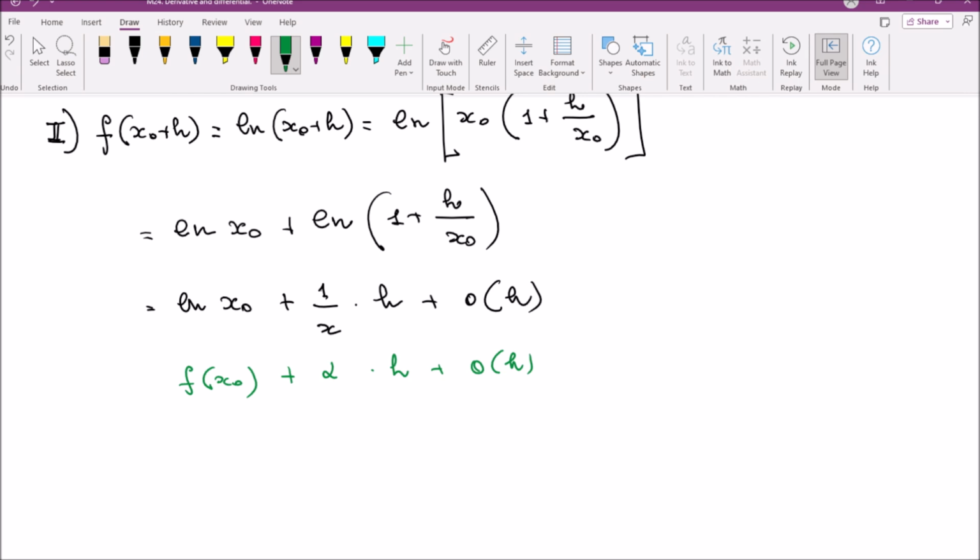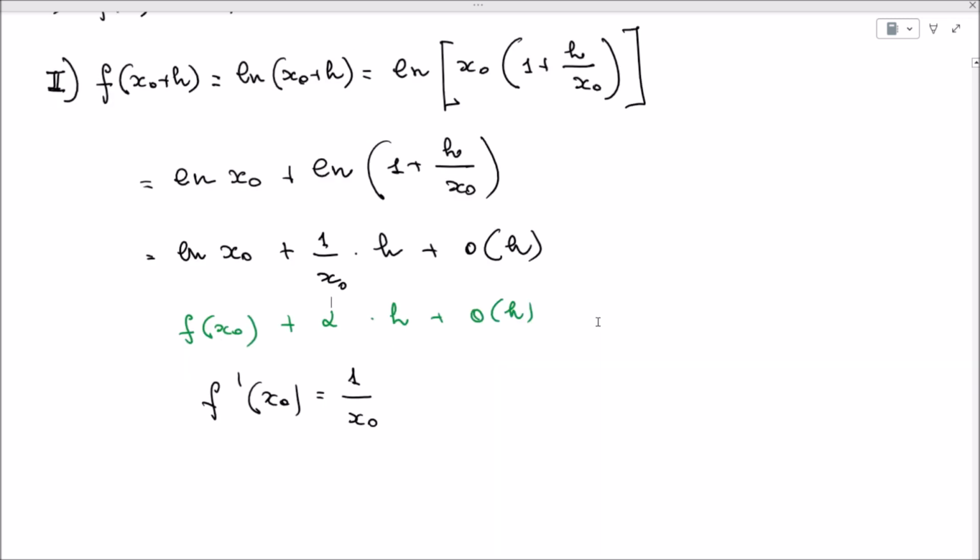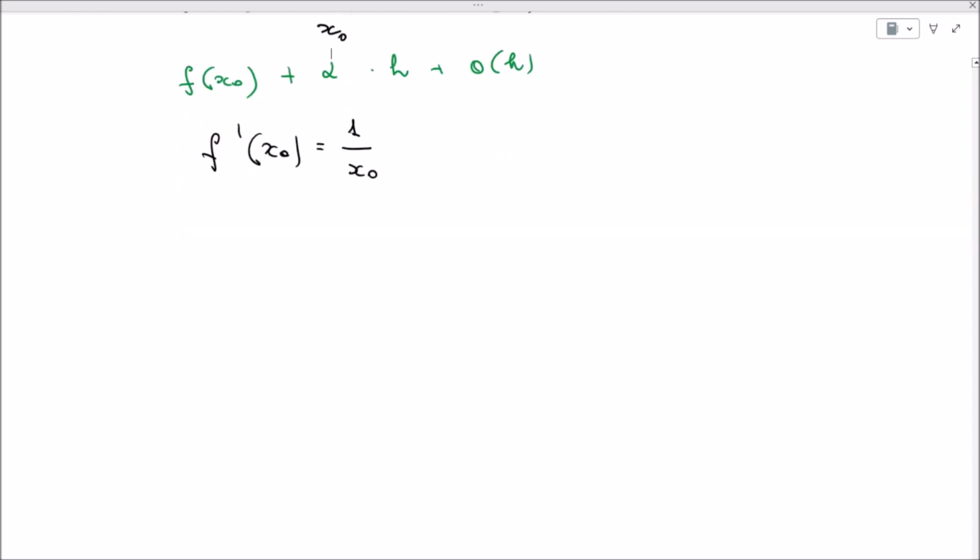So our conclusion is that f prime of x naught, where x naught is any positive real number, is simply given by 1 divided by x naught. Let's see if we find a consistent result by following the first approach, namely the definition of derivative.